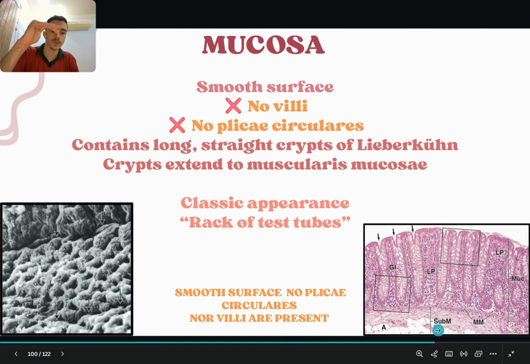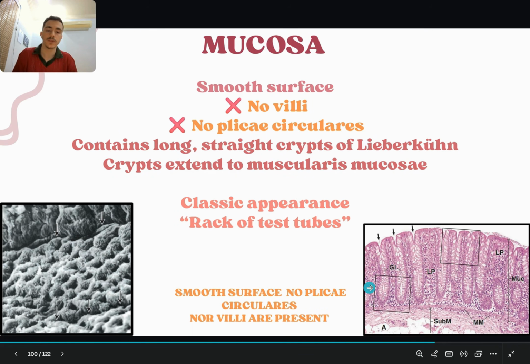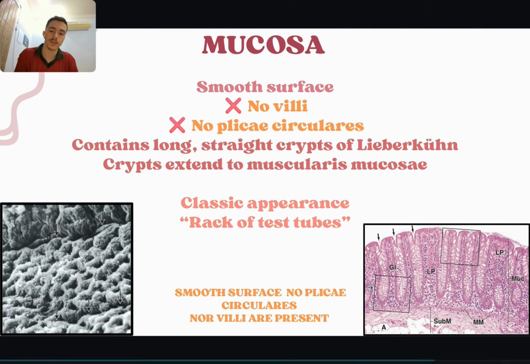This is the submucosa, so it's going down and up. The classic appearance is like test tubes, like you can find in the lab, as you can see here, this one, this one, this one. Smooth surface, as I said, no plicae circulares, no villi.